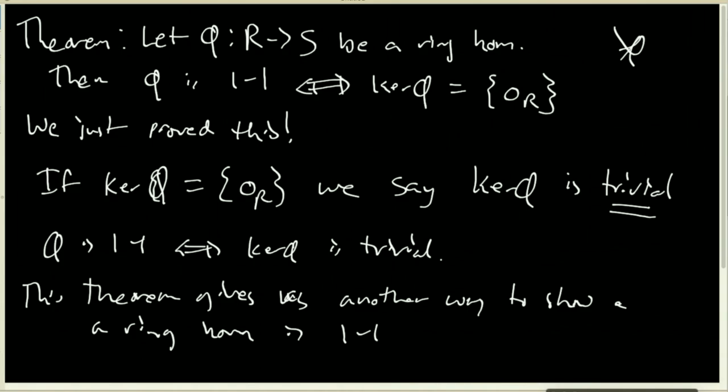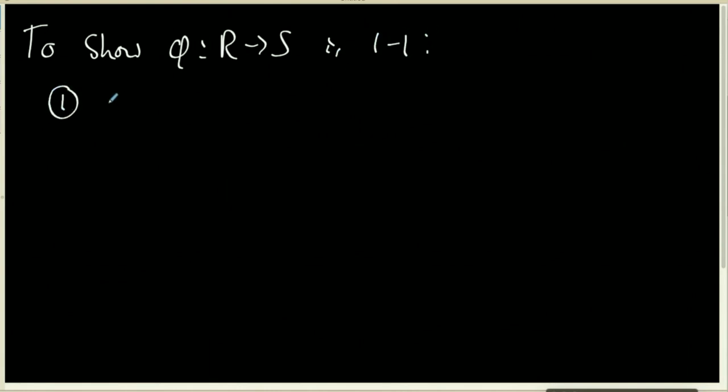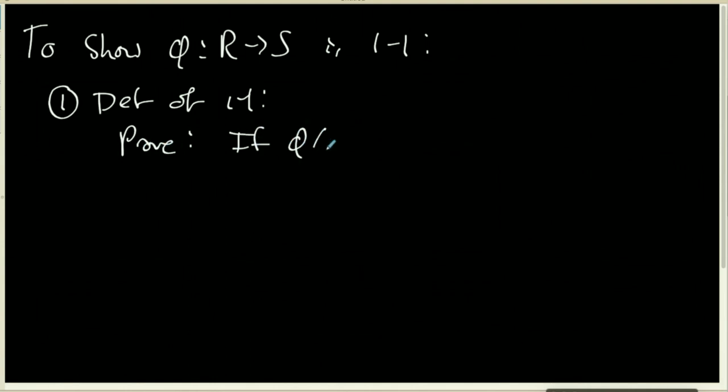And I want to get into that in just a little bit of detail. If we want to show that phi going from R to S is 1 to 1, we have two ways of doing it. One way is to use the definition of 1 to 1. In other words, we can prove if phi of A is equal to phi of B, then A has to be equal to B.